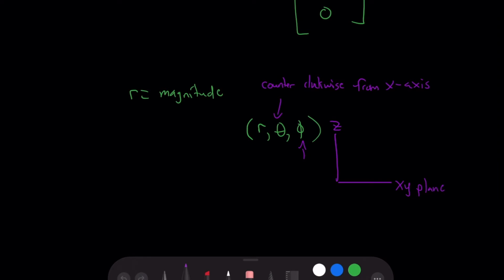No, what am I thinking? Wait, so you got xy plane, y. Right. Okay, so this is if we're looking at it head on.